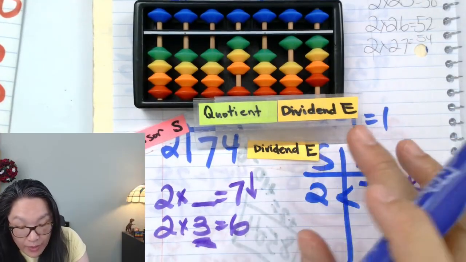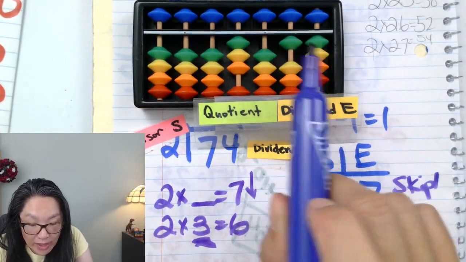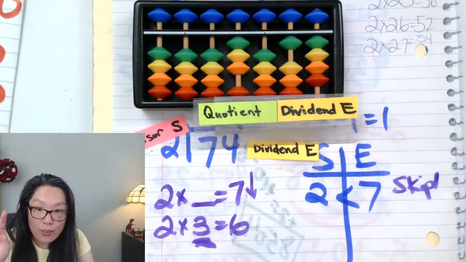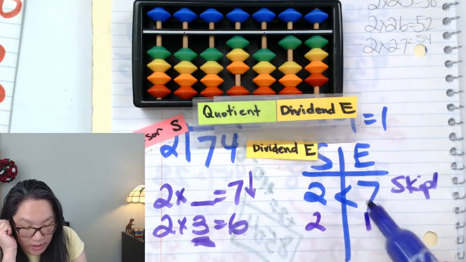Well, we compare, but we don't compare 14. What we compare is the 1. We compare apples to apples. So 2 is my divisor and 1 is my dividend.